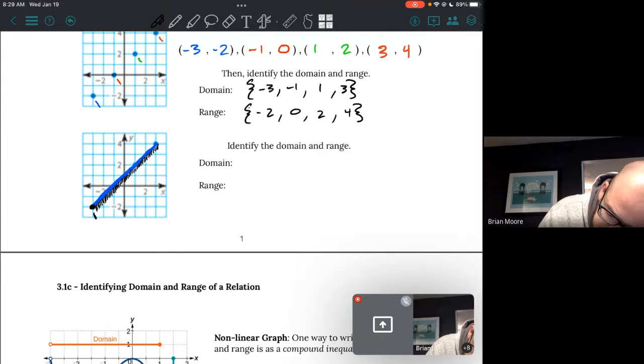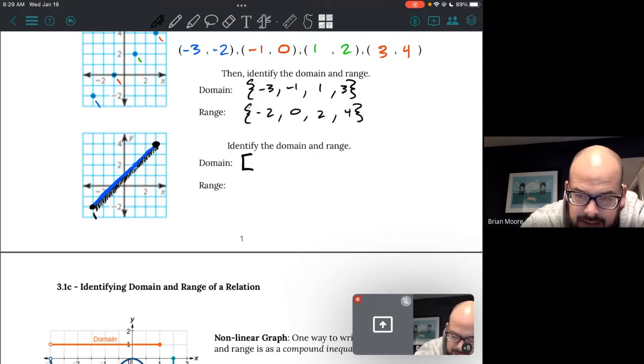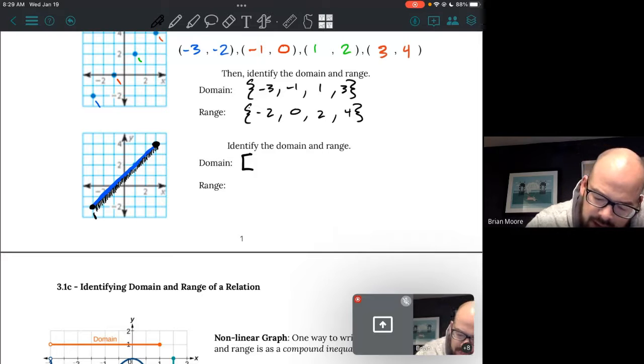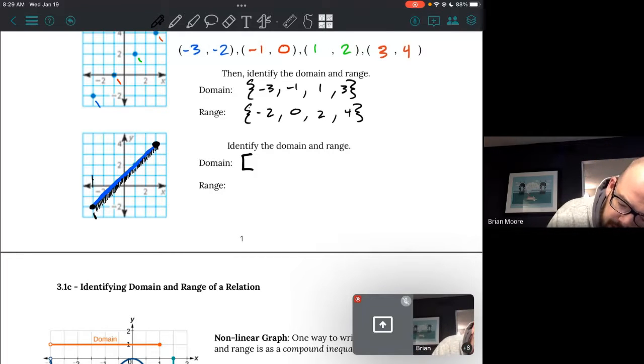So we noticed our dots were closed here. That means we are going to use brackets. That's like the greater than or equal to. Okay? So our domain goes all the way from -3 all the way up to 4.